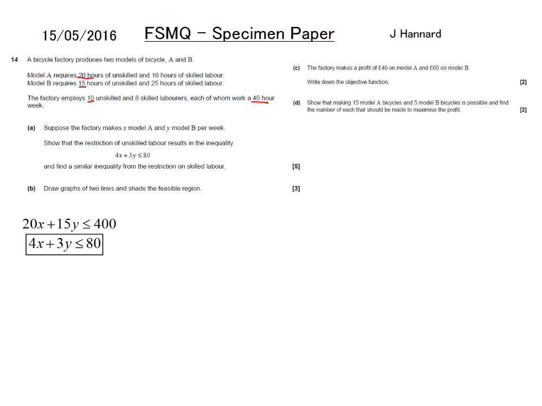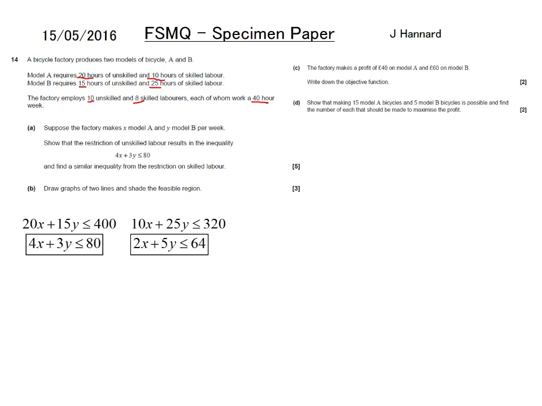And we've also got to find a similar inequality from the restriction on skilled labour. So we'll do the same thing. It'll be 10, add 25, and then 8 times 40, which is 320. That's a common factor of 5 again, so I divide through and I get 2x plus 5y is less than or equal to 64.